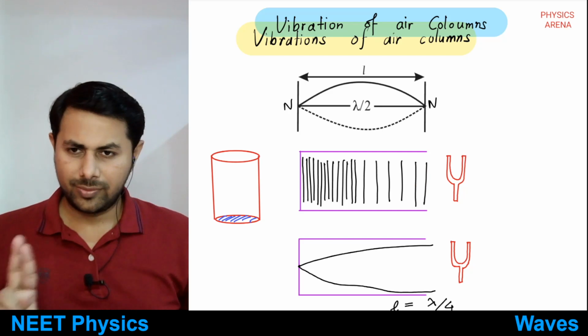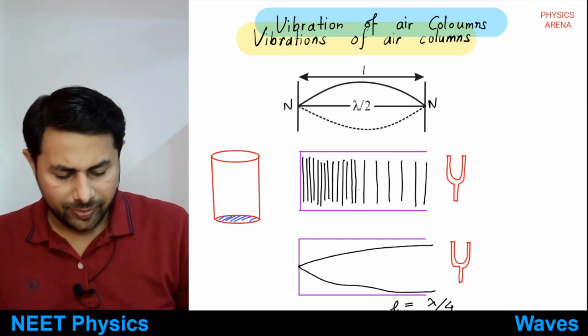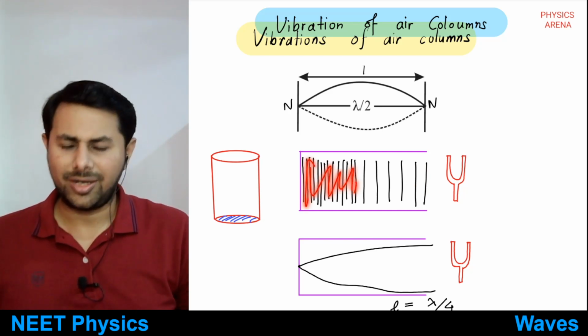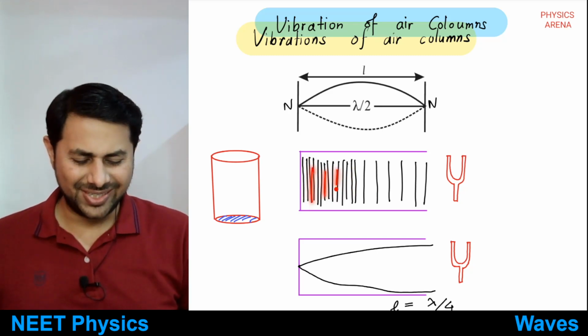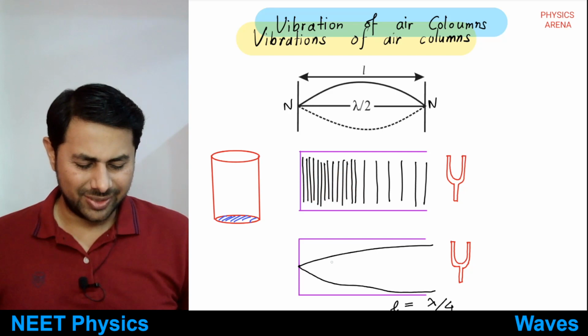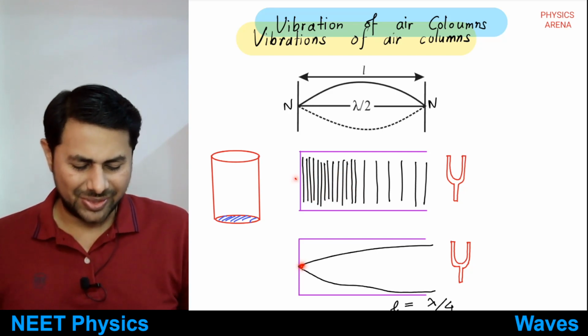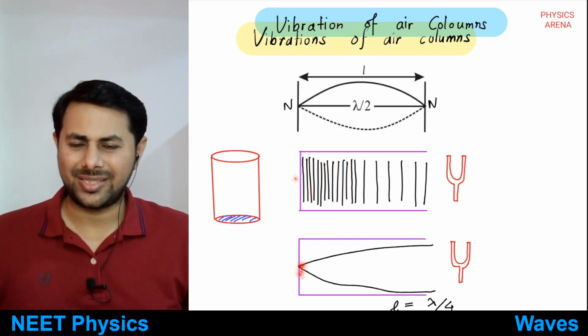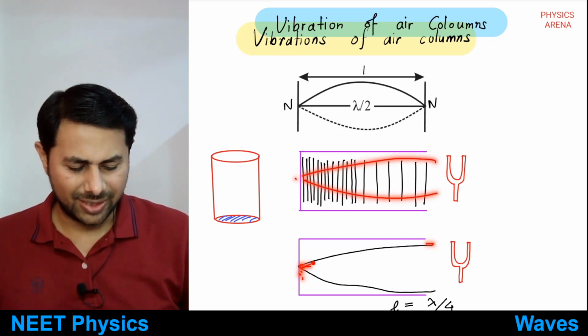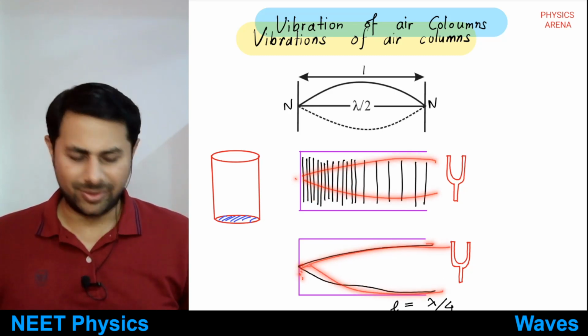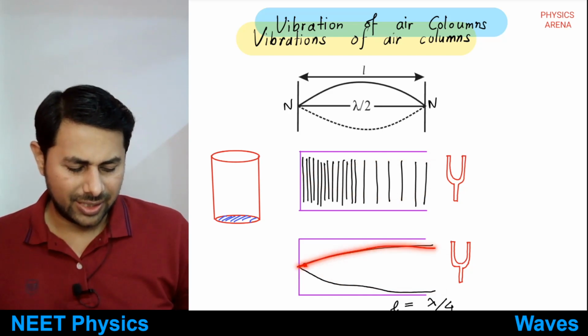Now this is drawn as compression and rarefaction, but it's not convenient to draw that many lines. So what we do is we represent compression by a node, that means particles are not moving, and rarefaction by an antinode. Is this clear, everyone?